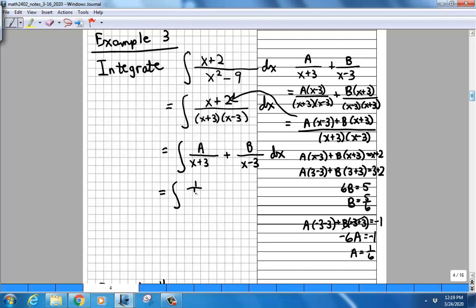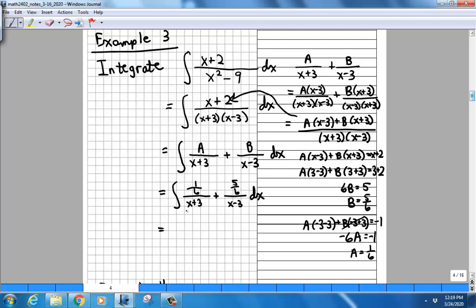So now we know what the numerators of our two partial fractions are, right? We have (1/6) over (x + 3) plus b, that was (5/6) over (x - 3), right? And now we're going to integrate these two fractions. But we can divide this up into two terms, and we can also factor these numerators out, right?